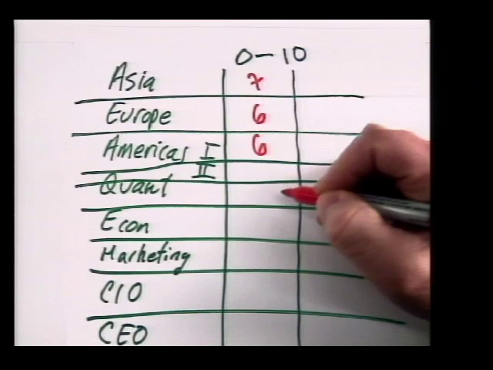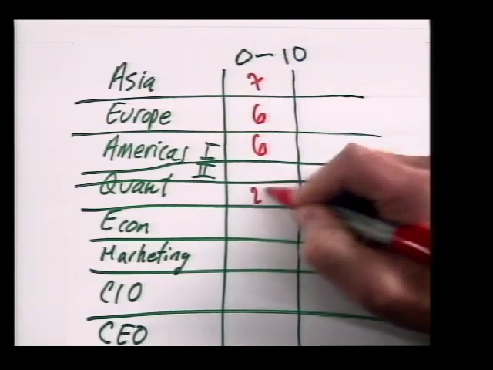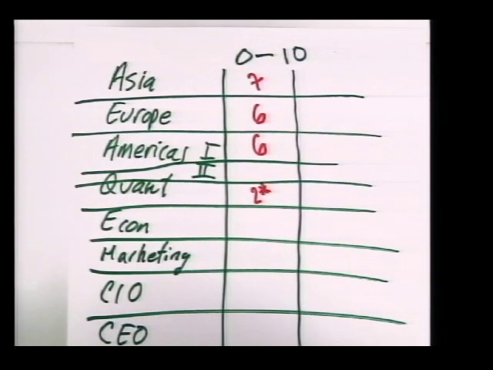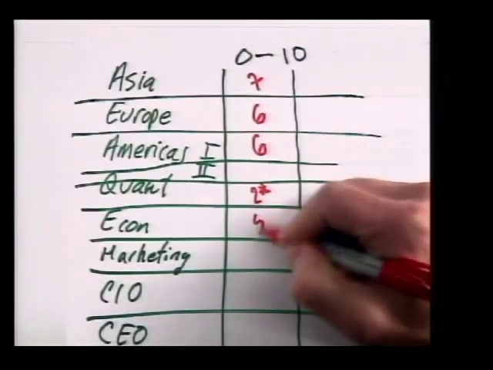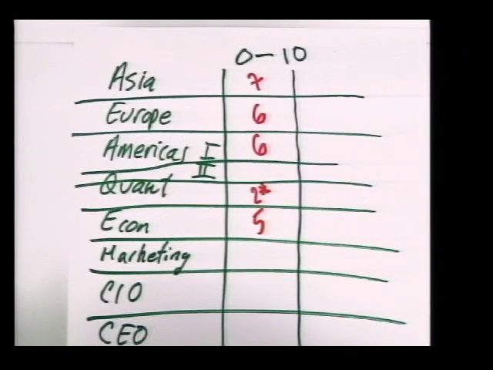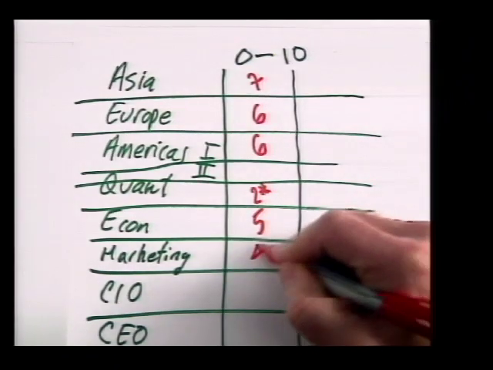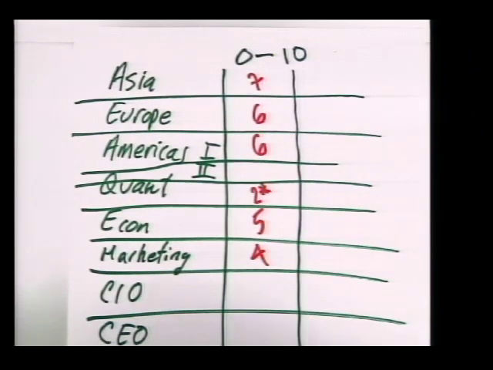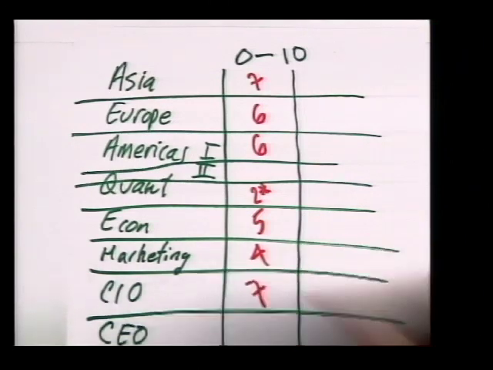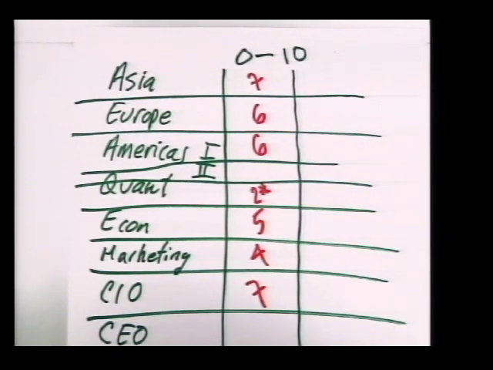I register my disagreement. 2 with some disagreement. Star. Econ? 5. Marketing? 4. 4. Okay. CIO? 7. CEO? 4. Okay, interesting.